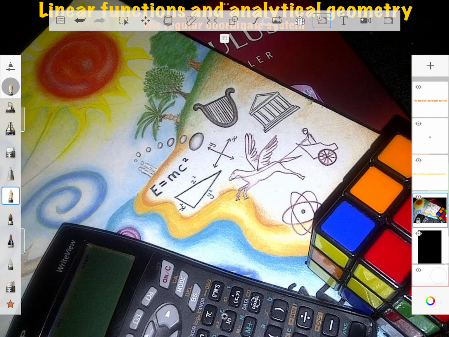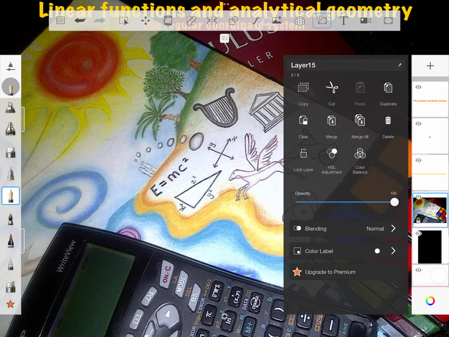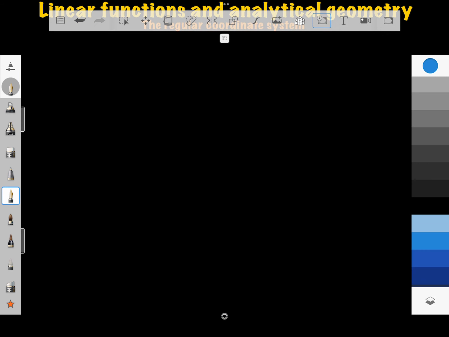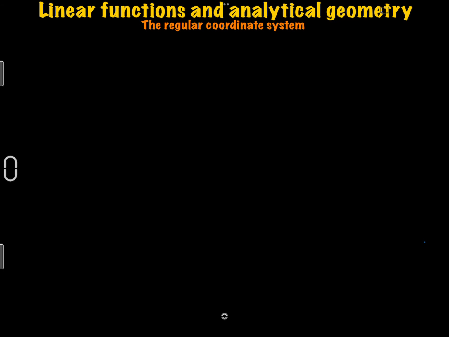Suppose, for instance, you have a Cartesian plane. It's very important for us to understand what we mean by a Cartesian plane.